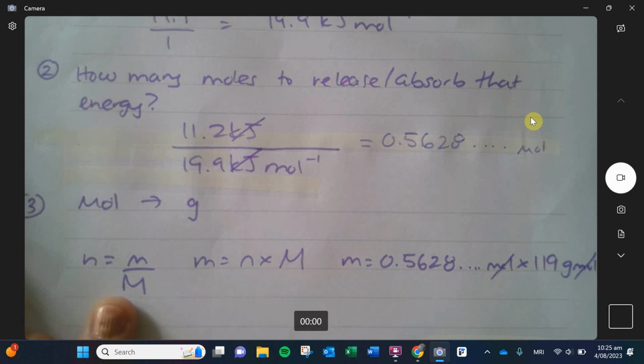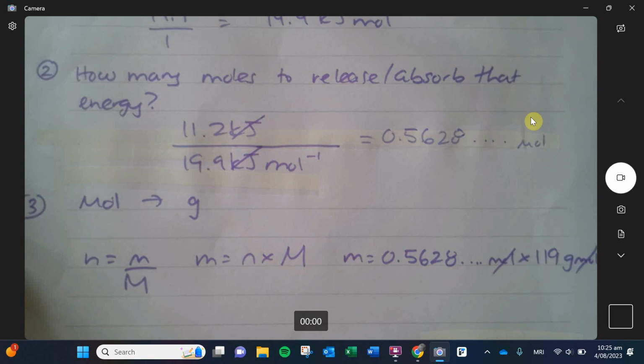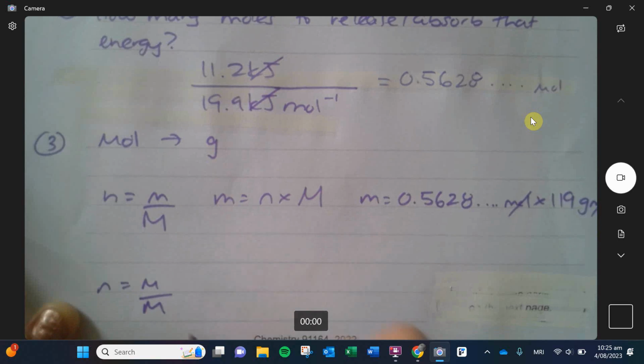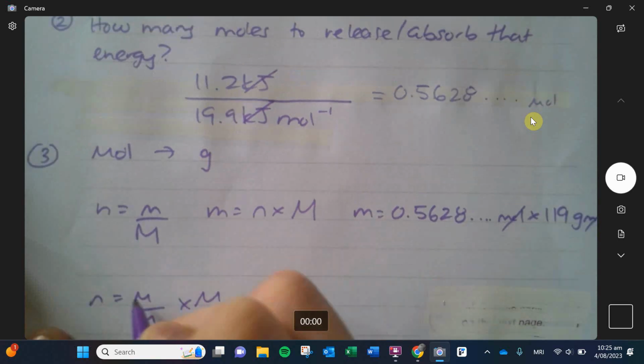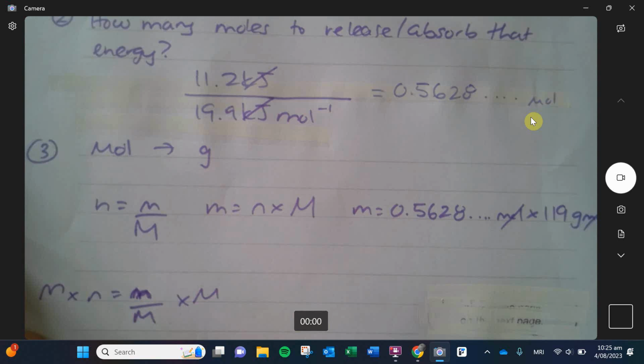Yeah, so when I rearranged it, what I did was I wanted to get mass by itself. So in order for me to do that, I would multiply both sides by molecular mass. Oops, that should be a little m.